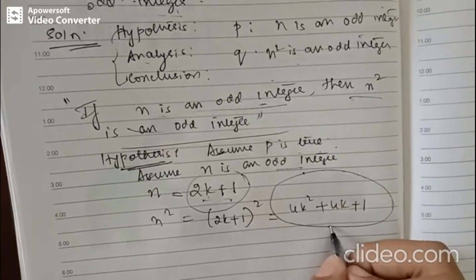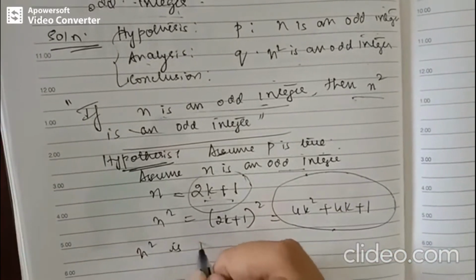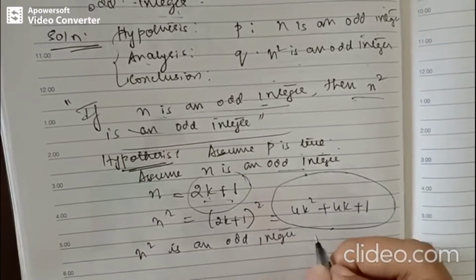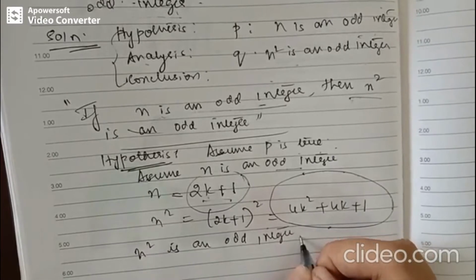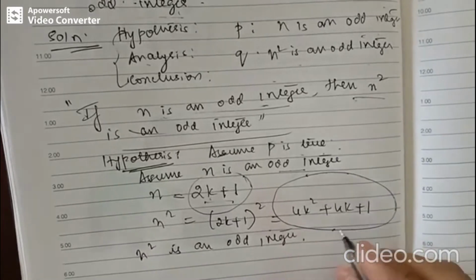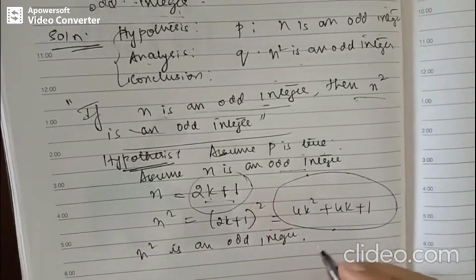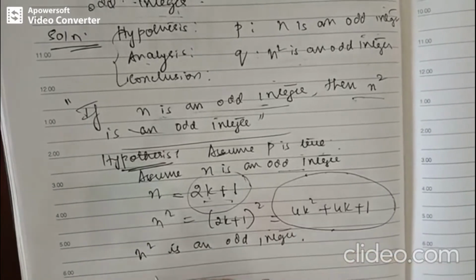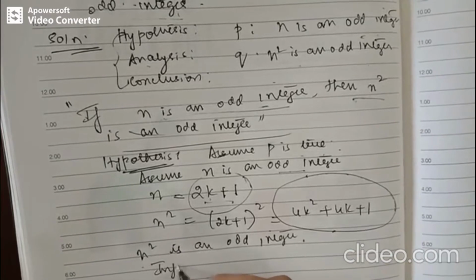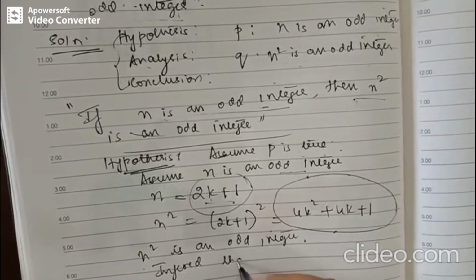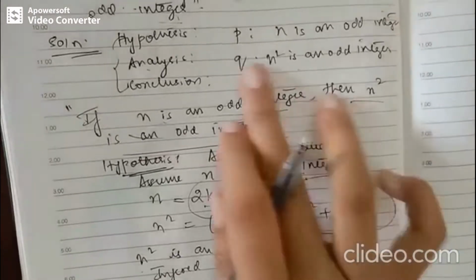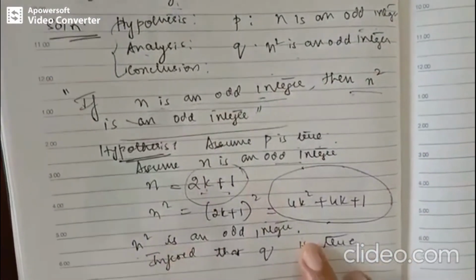It is not divisible by 2. Therefore, we can say n squared is an odd integer. This means that we have inferred that Q is true. What is Q? n squared is an odd integer. Yes, we have got it.